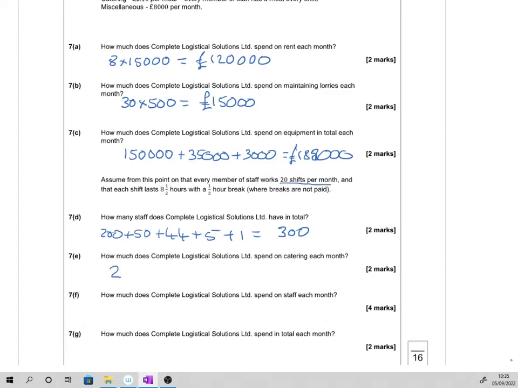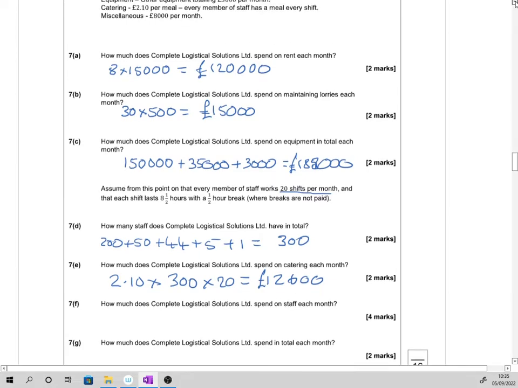So we've got £2.10 times 300 staff times 20 shifts, which is 12,600.